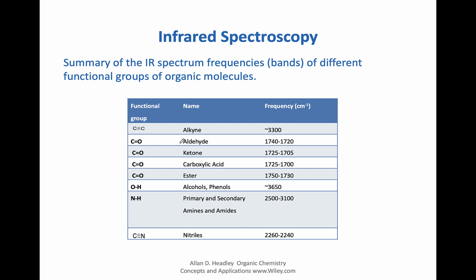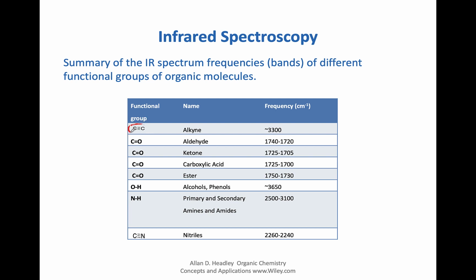So infrared spectroscopy is used primarily to identify functional groups. As you can imagine, there are a number of carbon-carbon bonds and carbon-hydrogen bonds, so there are umpteen different vibrations. But the ones that are of importance to us in organic chemistry in terms of structure determination will be the functional group.